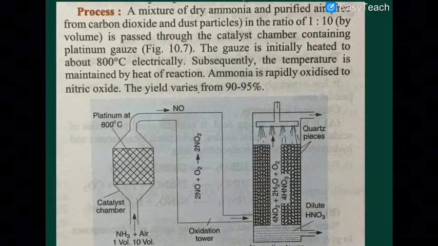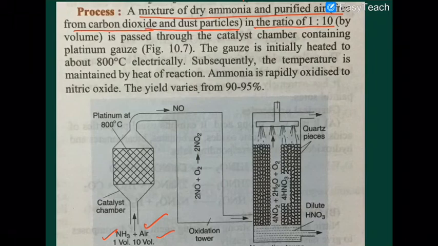Look at the process. A mixture of dry ammonia and purified air, in the volume ratio 1:10. Remember that the air should be free from dust particles and carbon dioxide.